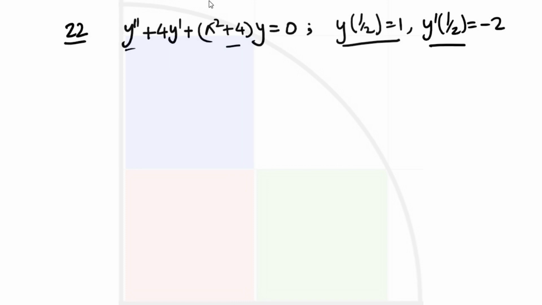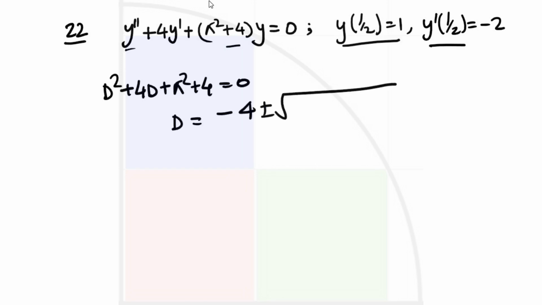First of all, we need to form the auxiliary equation of this, and this will be D square plus 4D plus (pi square plus 4) is equal to 0, and we use the quadratic formula for simplification. This will be minus 4 plus minus the square root of 4 square, which is 16, minus 4 times (pi square plus 4), divided by 2.